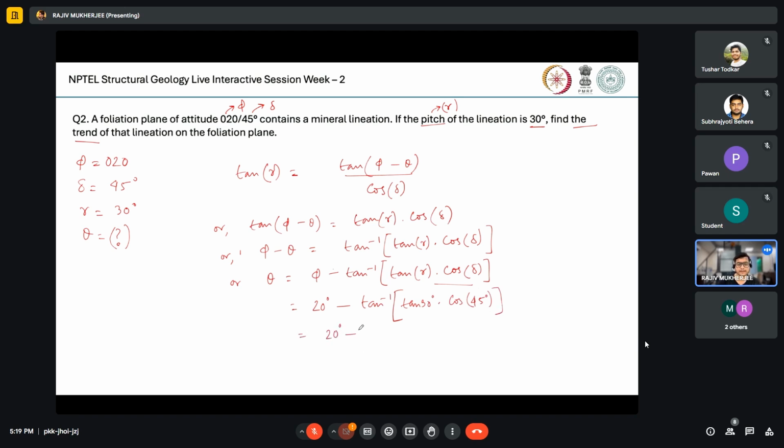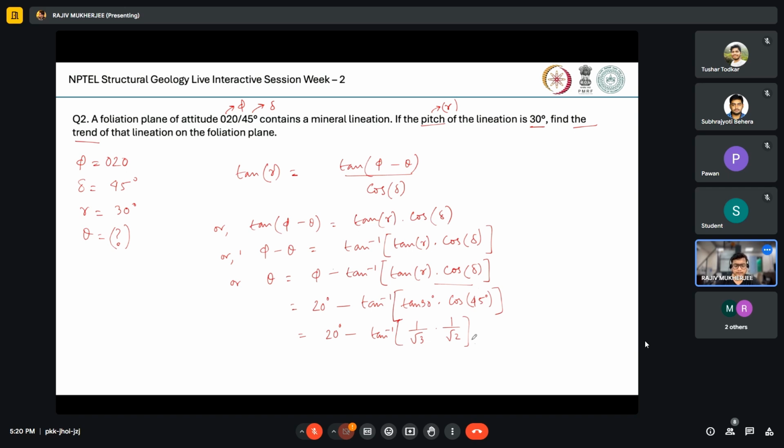So 20 degrees minus tan inverse of tan 30, which is 1 by root 3, times 1 by root 2, so we have to find 1 by root 6. It's 0.41.